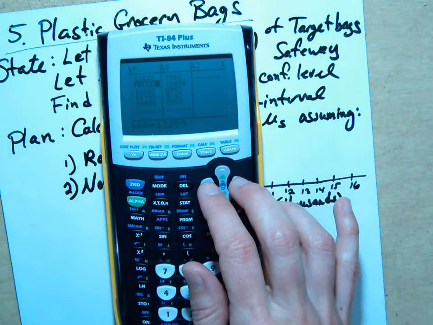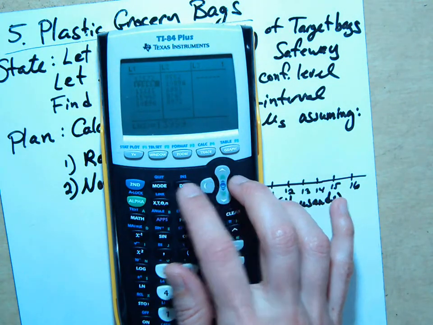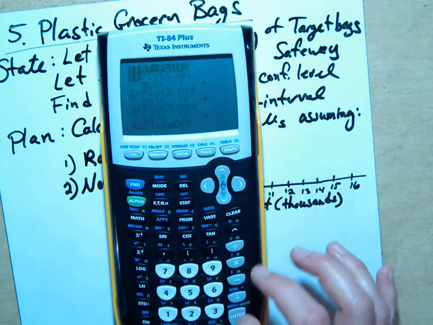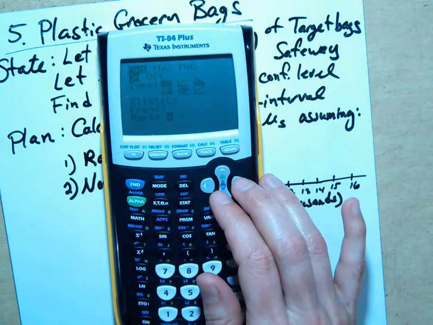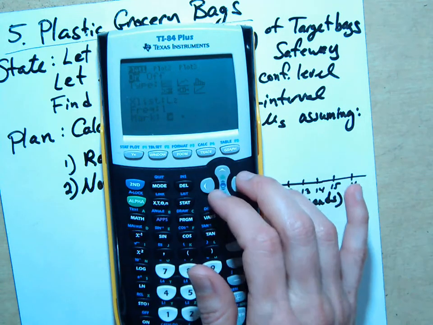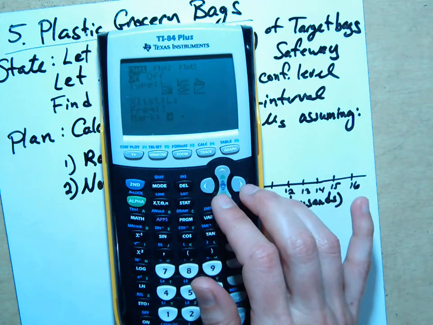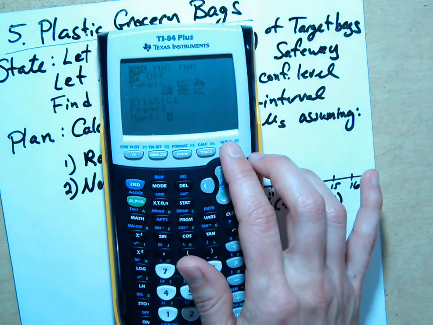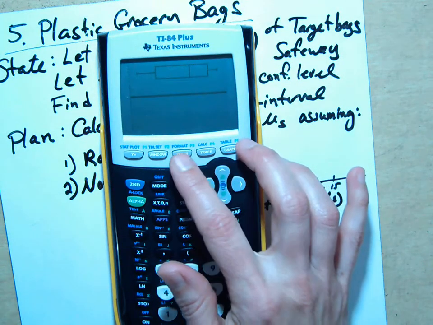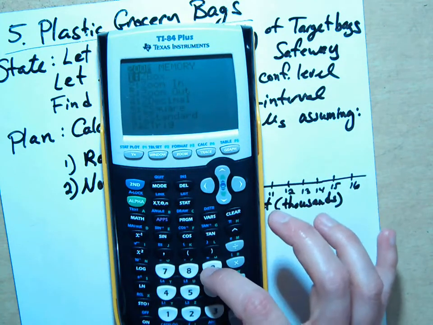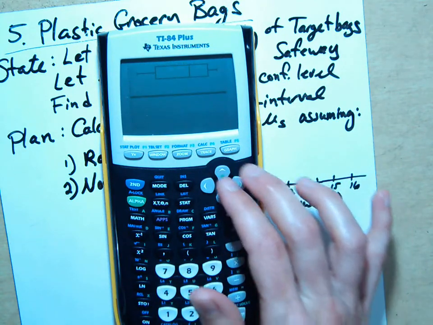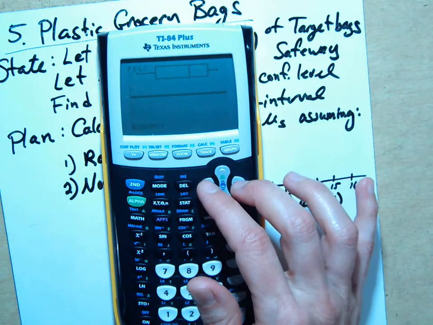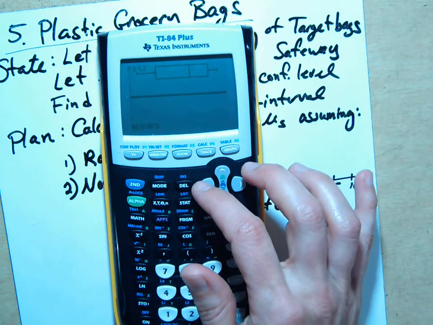So you entered your data into the two lists, L1, L2, then you go to second stat plot, turn it on, and if you go to the one that shows the outliers, then it'll show if there are outliers, there'll be little dots. And then you go to graph, and normally you need to do zoom 9 in order to scale it right, and then you can hit trace so that you can kind of see where the key points are.